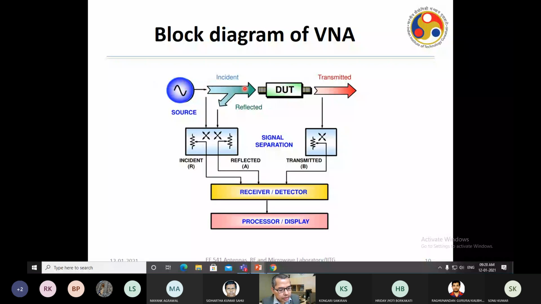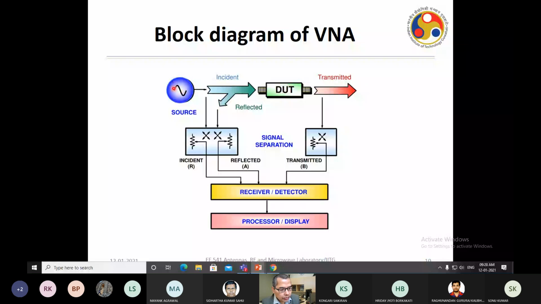That signal will be incident on the device under test, the DUT. It could be an antenna, a filter, a power divider or any kind of device. We will even do an active device such as an amplifier in the next level. So the DUT can be any device working at high frequency, microwave frequency.